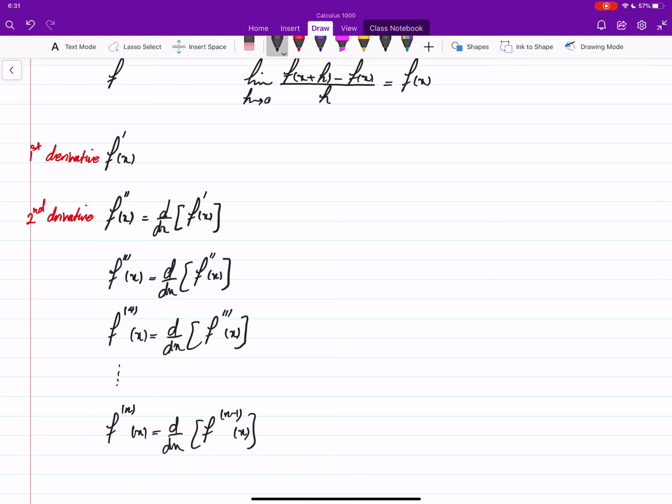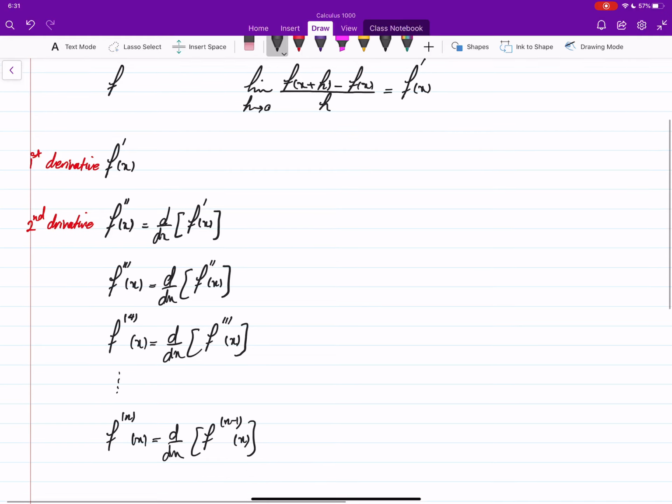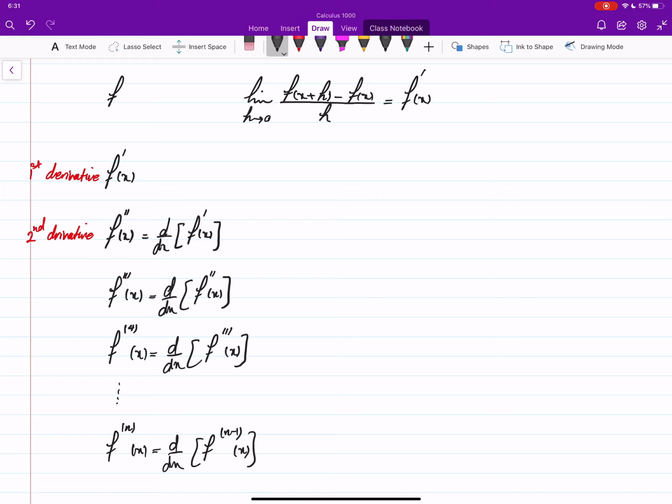before that. Okay, well, in this course you will see that we are using different notations. Let me just write here, these are called third derivative, this is fourth derivative, and this is nth derivative. But there are other notations.